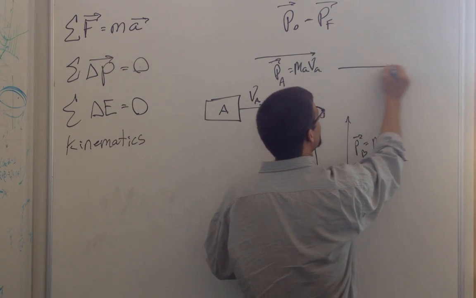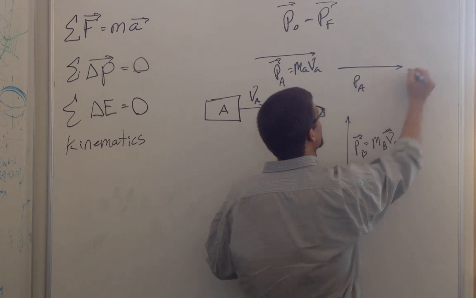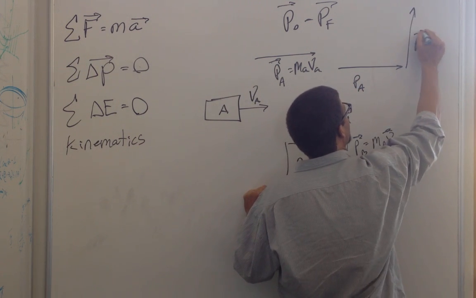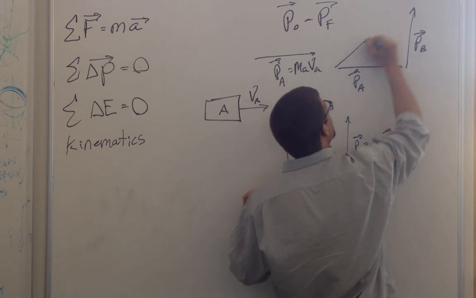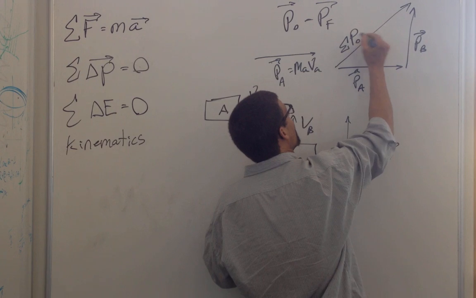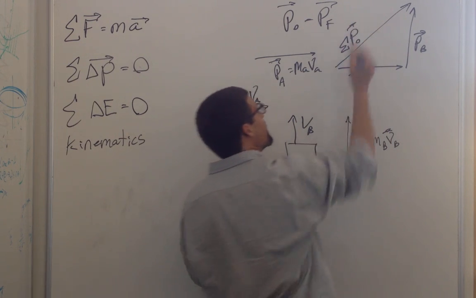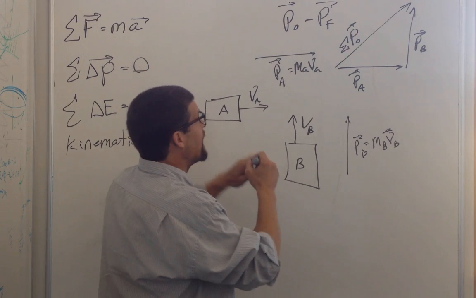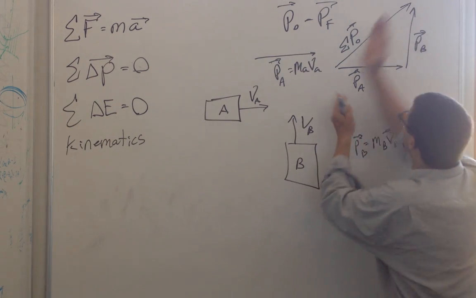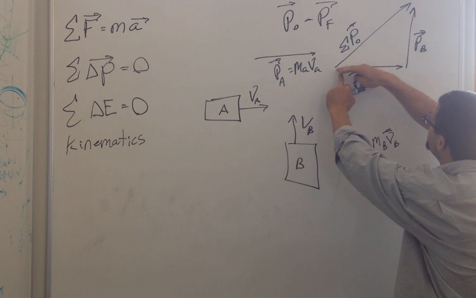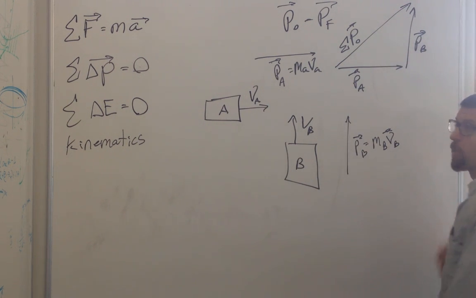So adding them together, momentum A plus momentum B is going to be the total initial momentum. So this is the sum of all the initial momentum. And that's going to be the final momentum. And so if momentum of B is really big, we can see this is going to kind of go straight. If momentum of A is much bigger than B, it's going to go more horizontal.